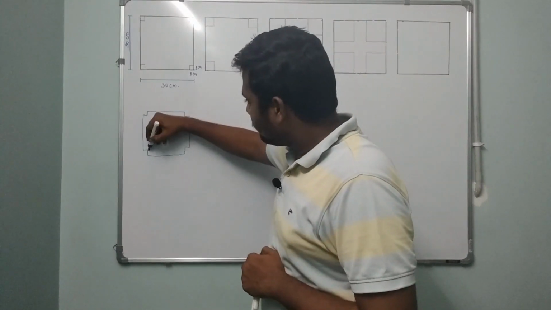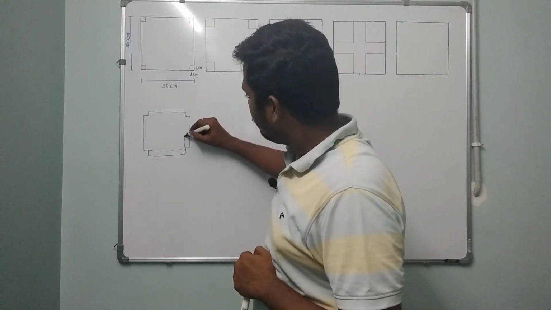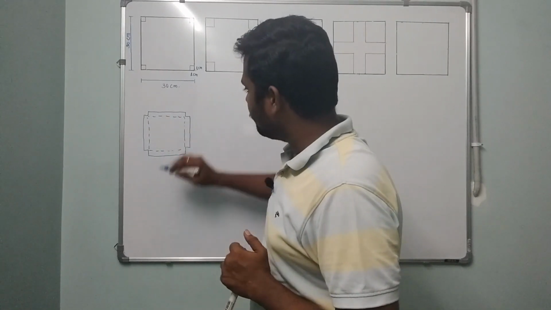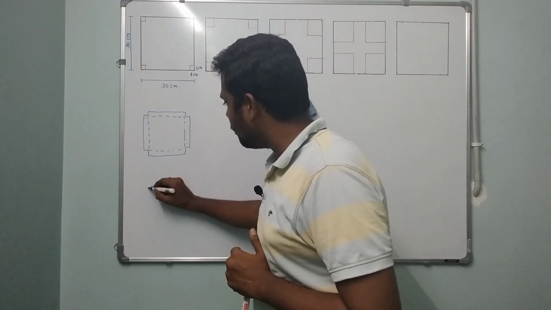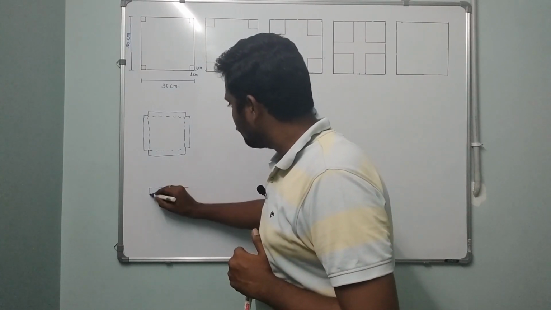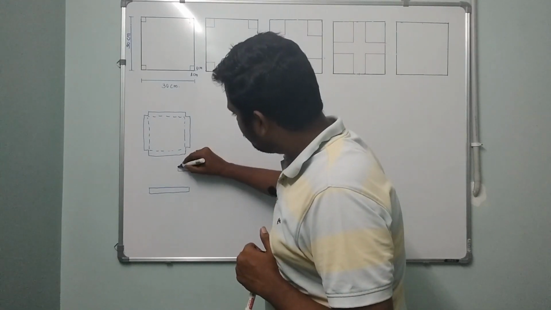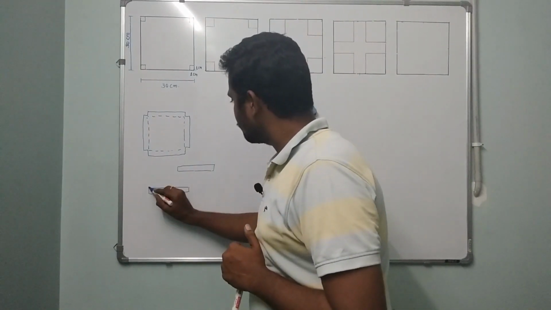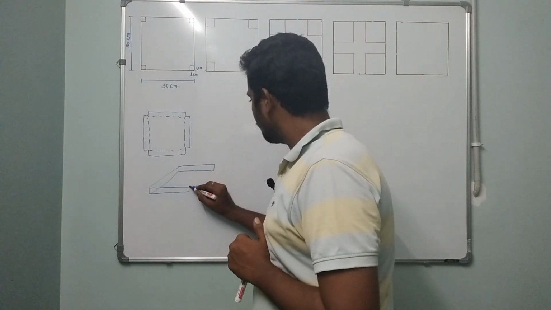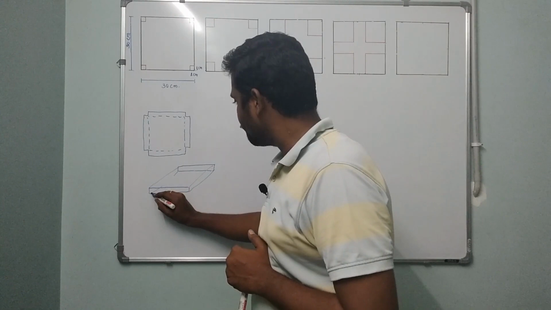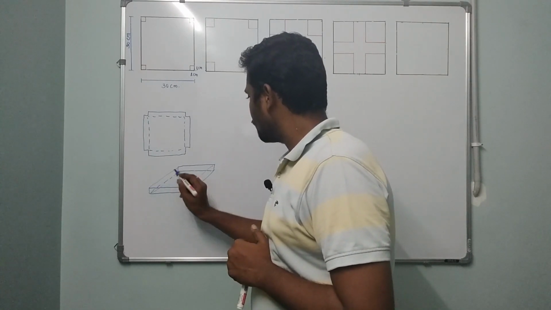By folding the four sides, we can make a box like this, right?